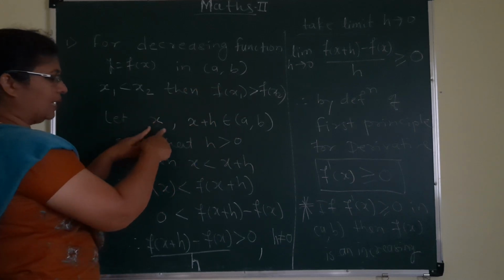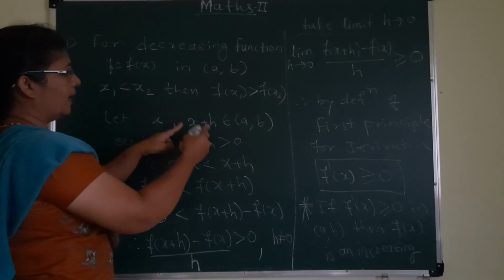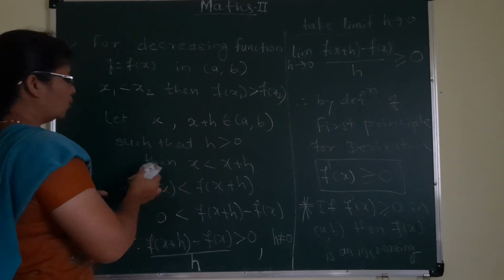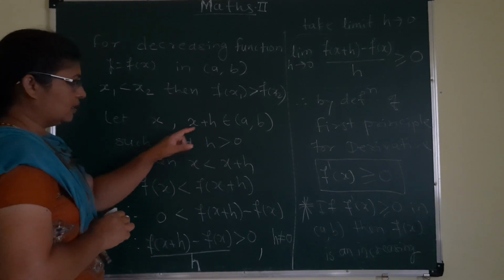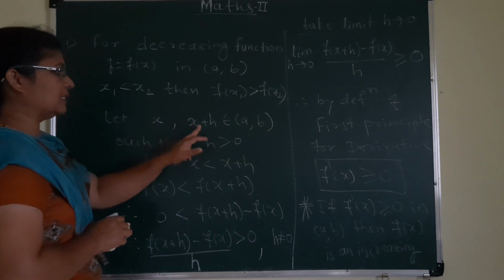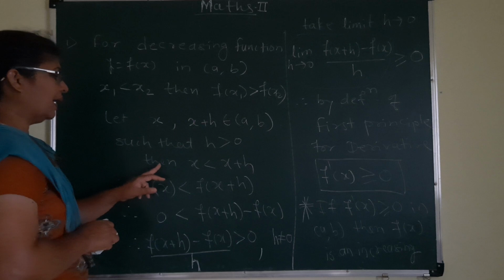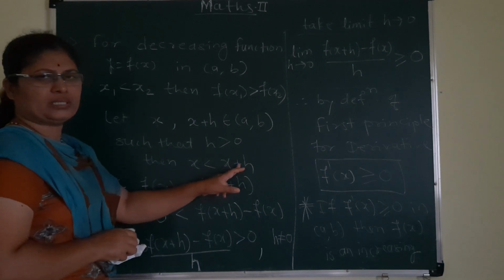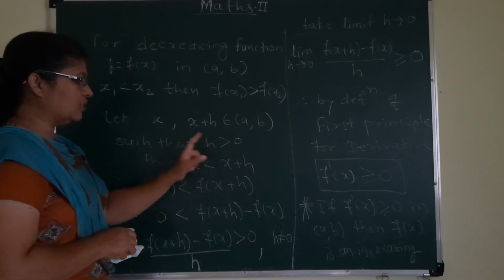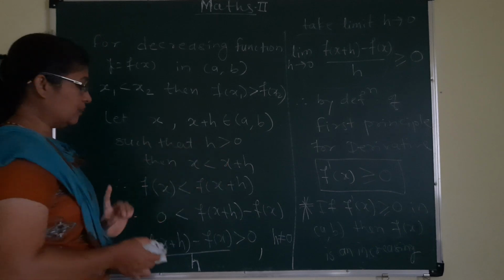So for x1 I am taking x, for x2 I am taking x plus h. Now look at this, the same condition I will consider. x plus h belongs to this interval, h is greater than 0, and of course x is less than x plus h.